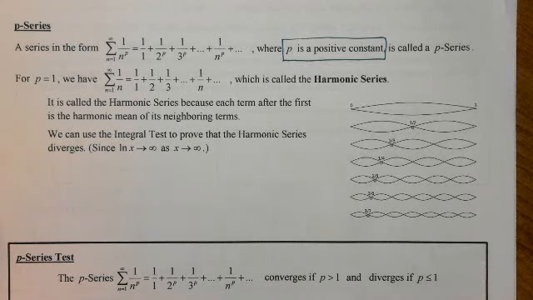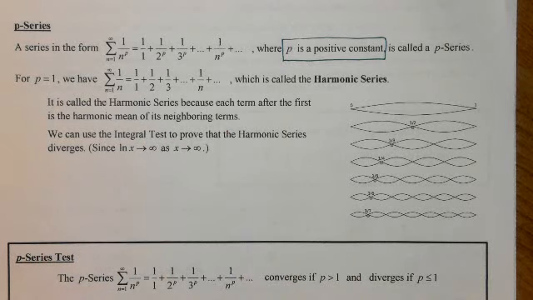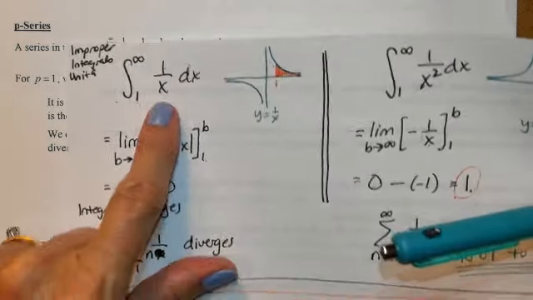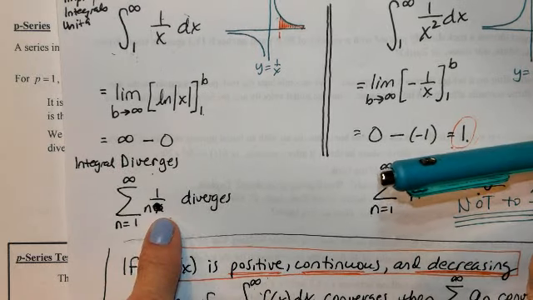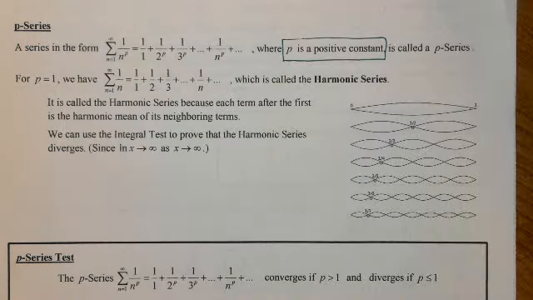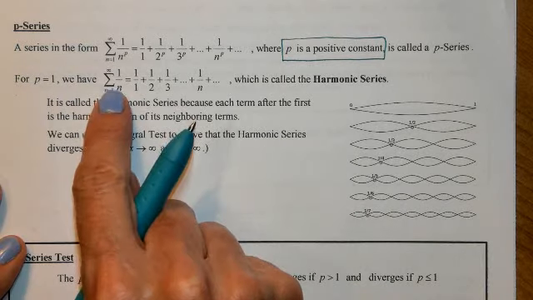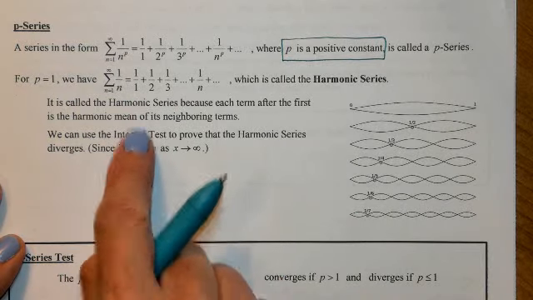For our purposes, we're not going to go into it too much. Now, I will say you can use the integral test. In fact, we did use the integral test to prove that the harmonic series diverges, right? We can use the integral test to prove that the harmonic series, this series, diverges, okay?